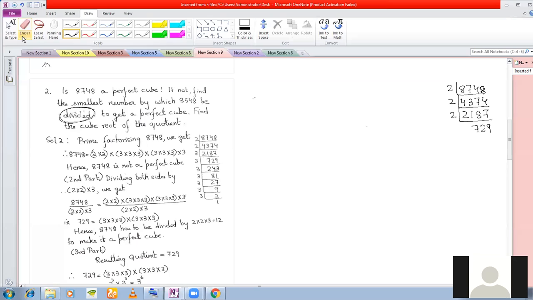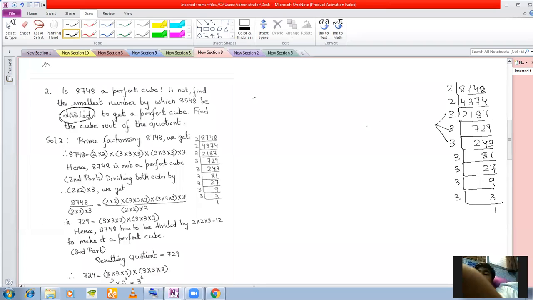So this is the prime factorization. How many triplets are we getting here? 3 makes a triplet.